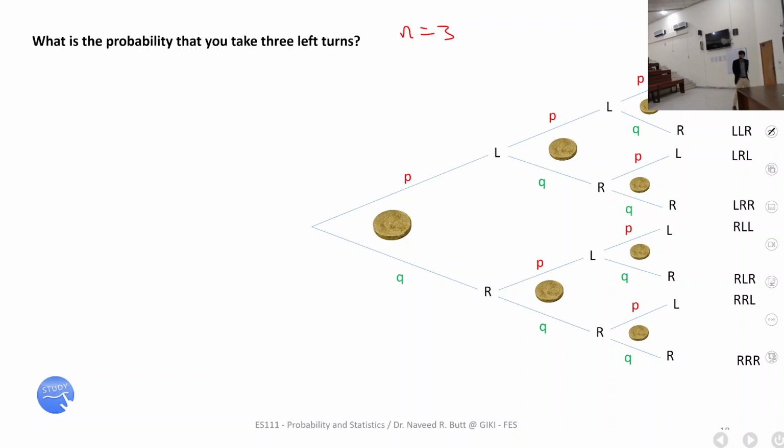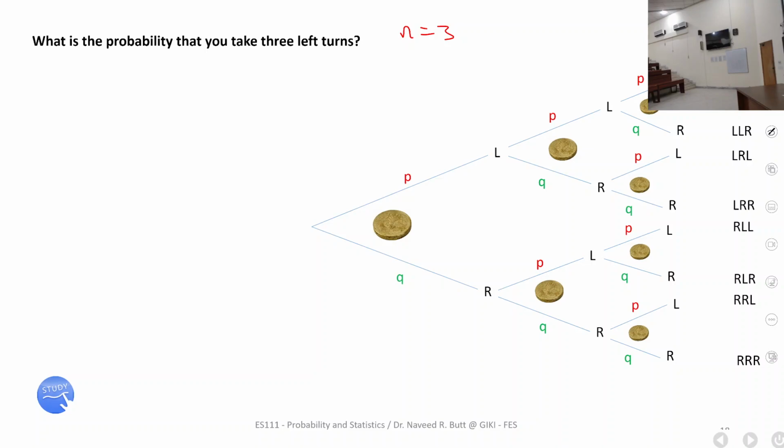Mathematically, how do we write it now? No, don't answer yet. In this case obviously, you are looking at 8 equally likely possibilities, right? So the probability is 1 by 8 for that. But it won't always be the case. Here it will work because P and Q are equal.